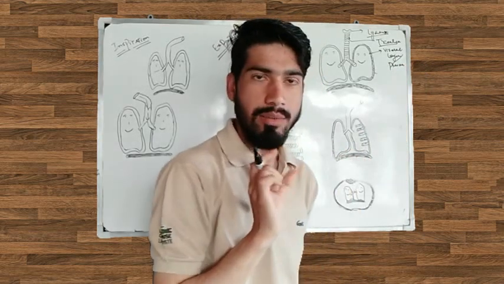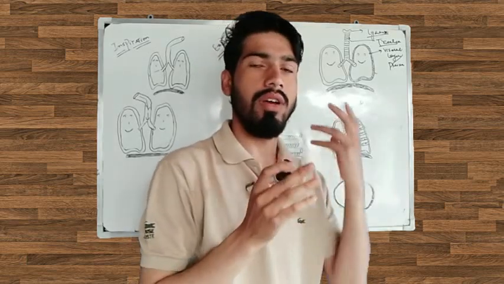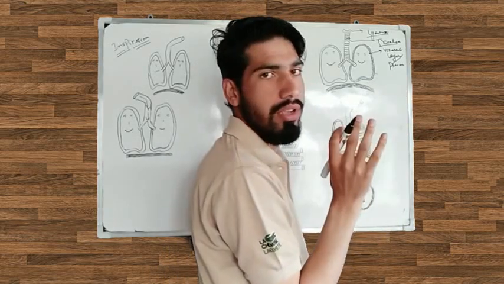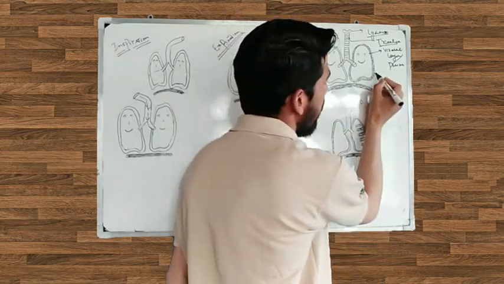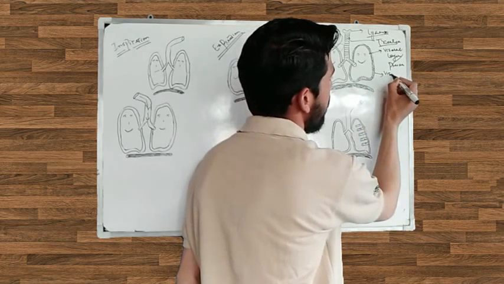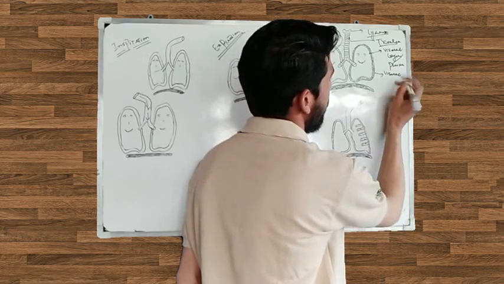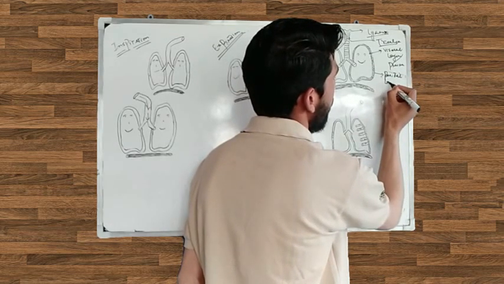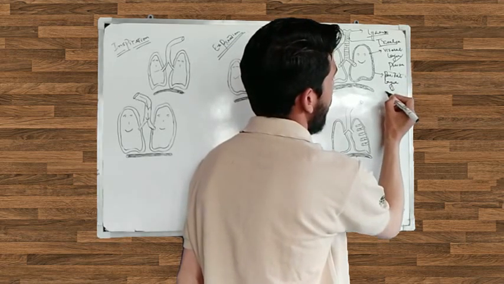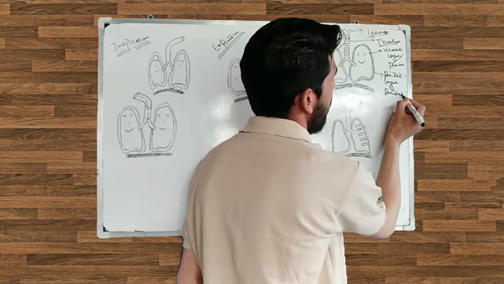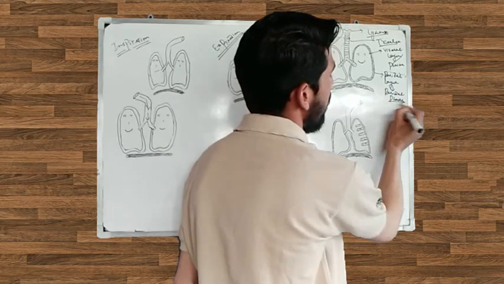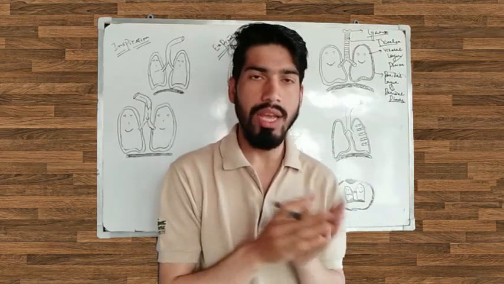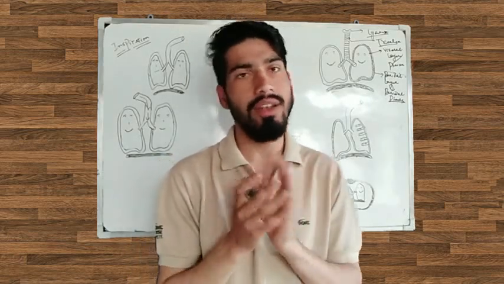The second layer, the outermost covering of the lungs, is called the parietal layer, or parietal pleura. There are two layers present: the first is the visceral pleura and the second is the parietal pleura.